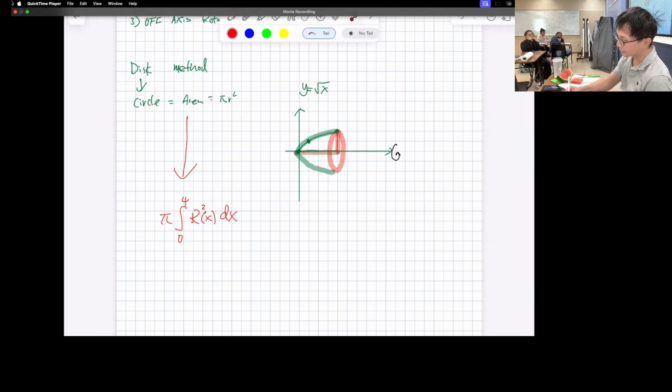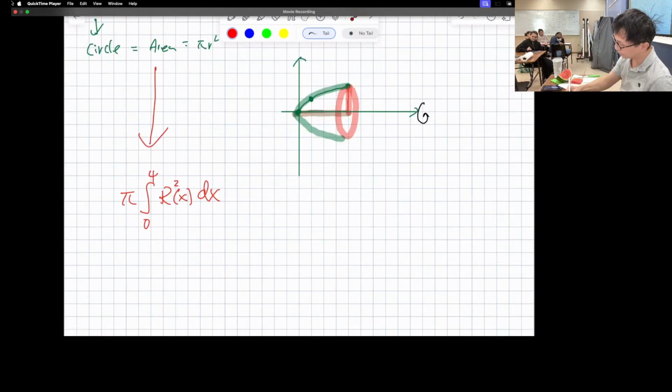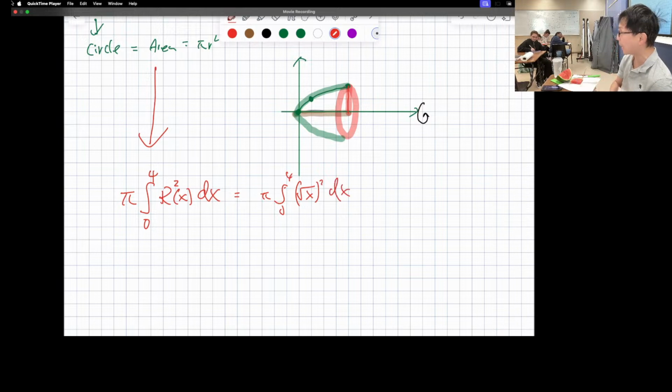Because think about it: if x is 1, then you have a radius of 1. If x is 4, then you have a radius of 2. So that square root x is the distance from the x-axis, the center axis of rotation, to the skin of the watermelon. So therefore, that's going to give you this rotation. So in this particular case, that's going to be equal to pi integration 0 to 4 of square root x squared dx. Wow, this is a simple integral.